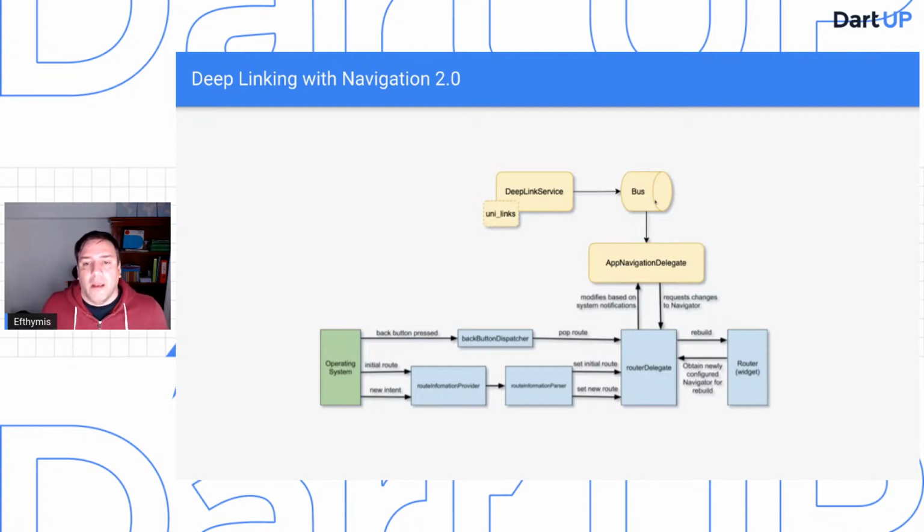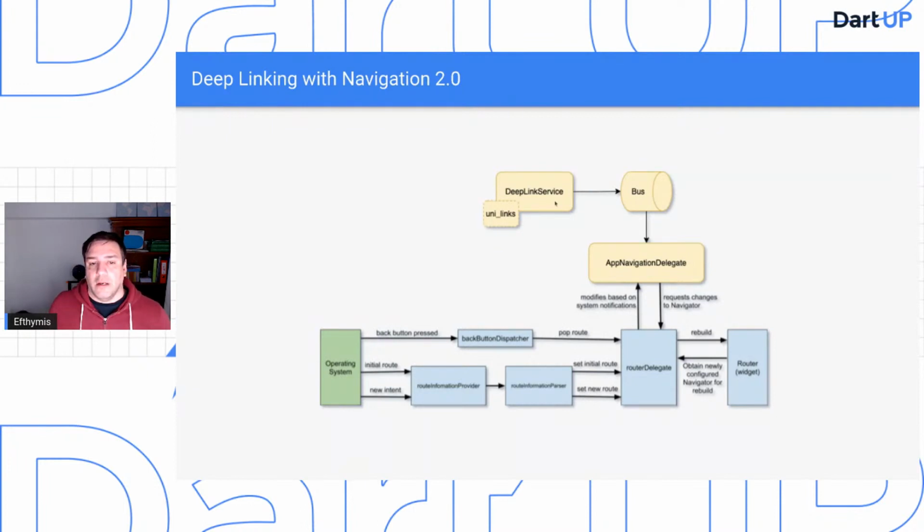Very briefly. But because you can hook up the navigation delegate to the bus, you can also use deep linking. What's deep linking? Let's say you have a push notification come to your device, and you tap on it, and you want it to open up, let's say there's a chat app, right? And there is a new message. So you tap on it, and the app will open to that message, but you would want to have the opportunity to go back if needed, back to, let's say, the channel list.